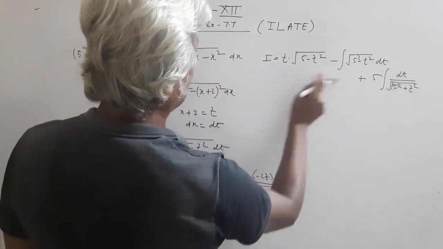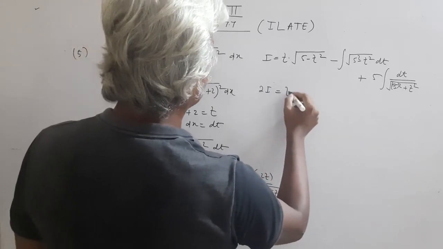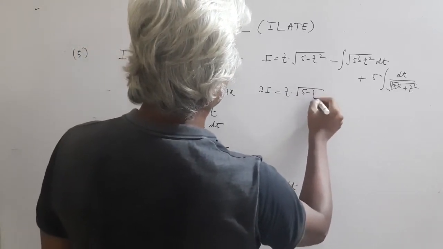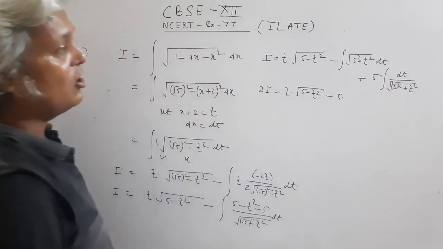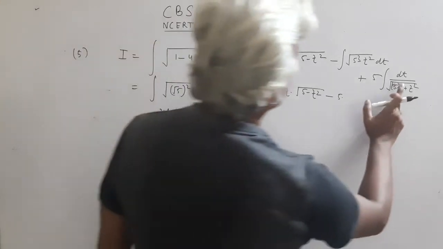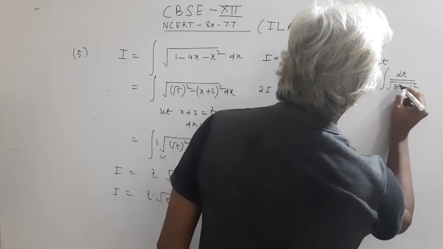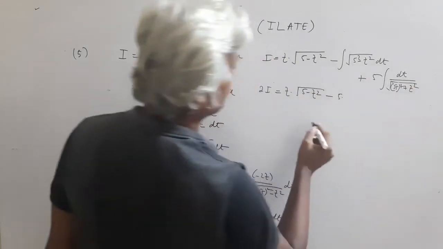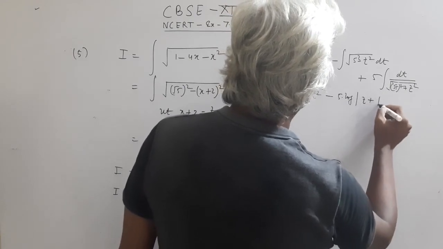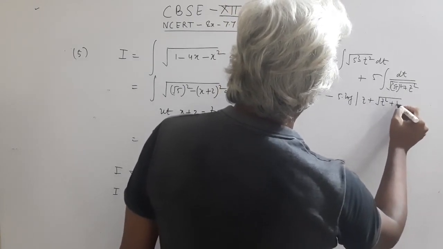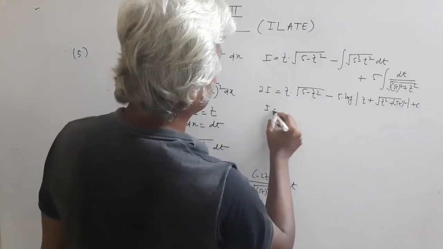Okay, so this part becomes I, this comes on this side, it becomes 2I. So 2I is t times under root 5 minus t square plus 5 log mod t plus under root t square plus root 5 square, plus c. So this I is half.